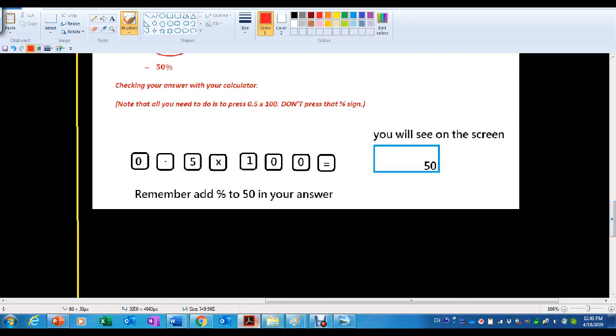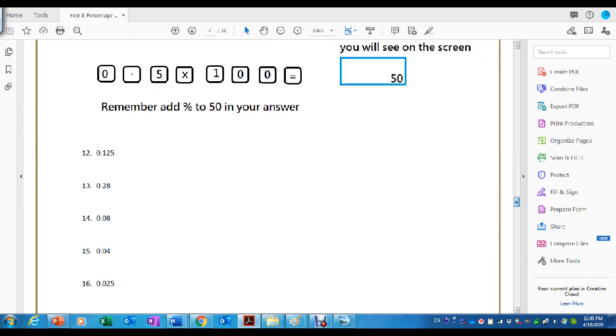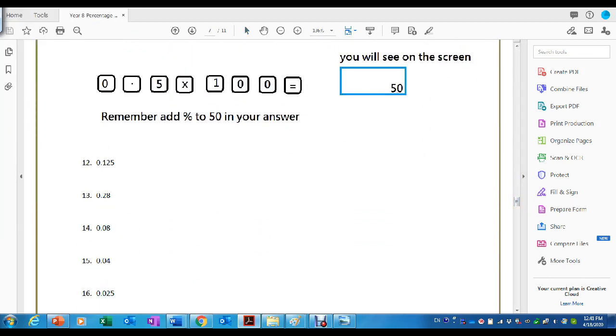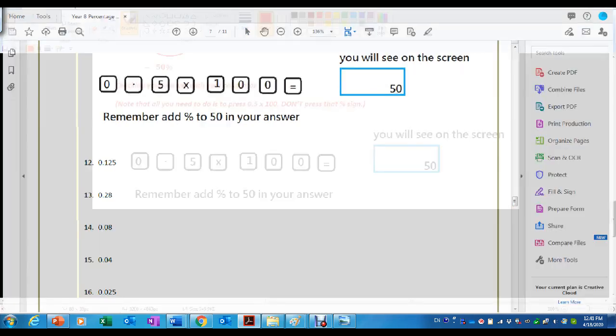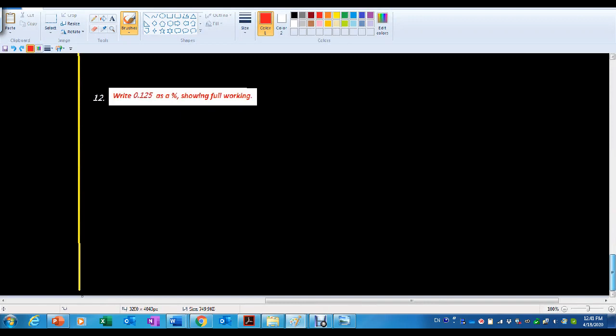In your notes, for example, how about 0.125? Over here, write 0.125 as a percentage, show your full working.